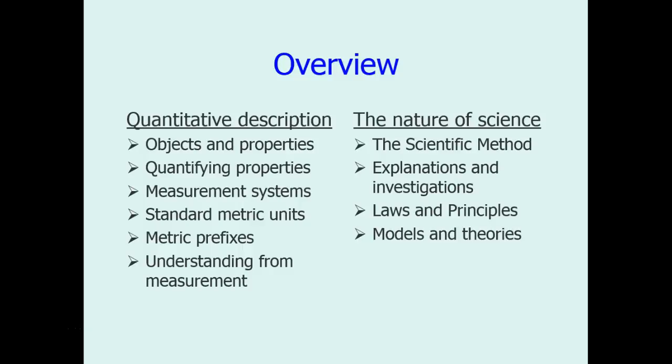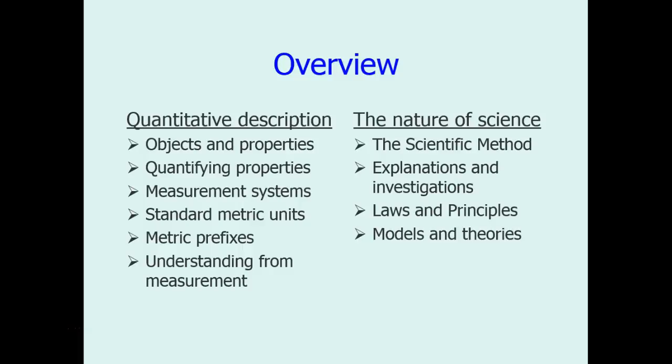Objects and properties, quantifying those properties, measurement systems for quantifying those properties, standard metric units, that's one of the standard measurement systems. We'll look at metric prefixes as we understand those standard metric units, and we'll do some understanding from those measurements. Okay? Now, included in that are a few things like ratios and things like this, ways that we use the data we collect.